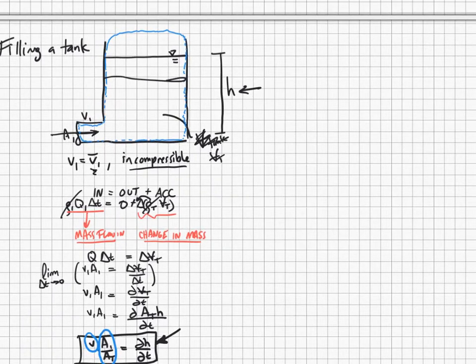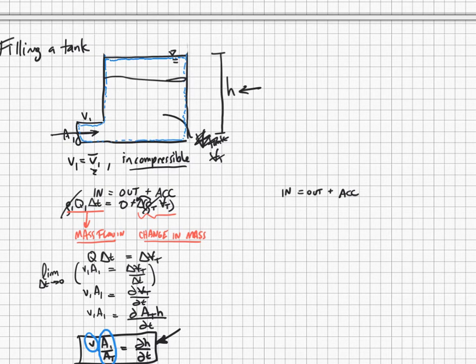Okay, so first thing I'm going to do here is in equals out plus accumulation. In this case, I'm going to draw this slightly differently. I'm going to erase this control volume, and it really hates erasing. Okay, and I'm going to redraw the control volume somewhere slightly below the surface.